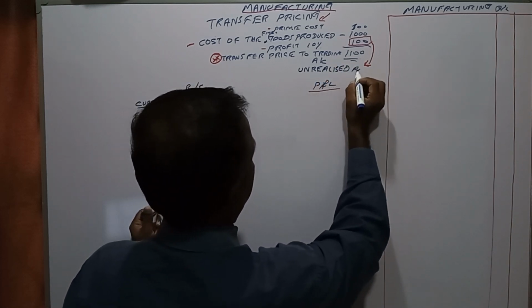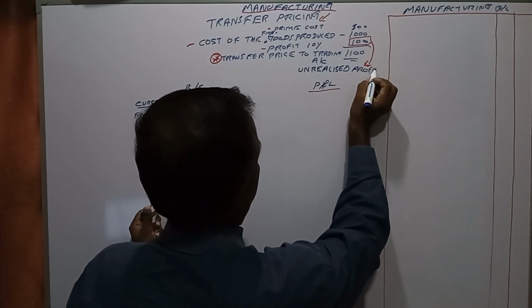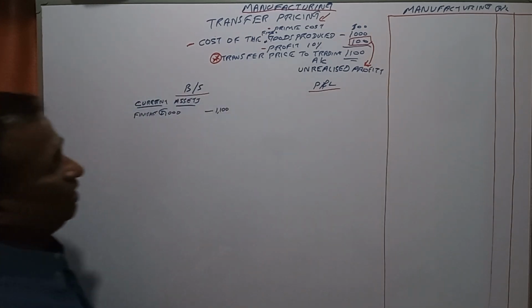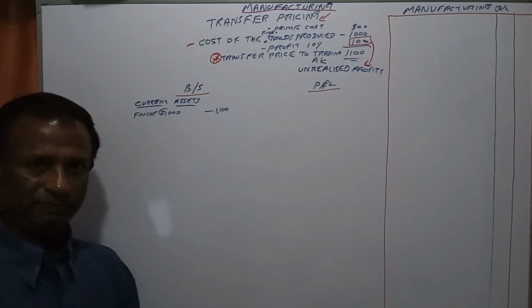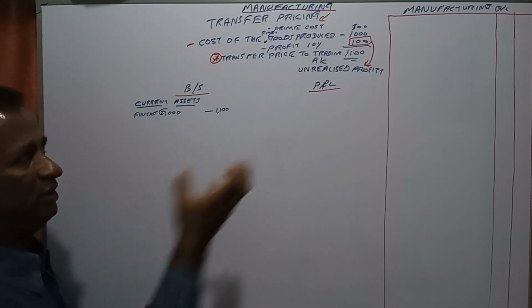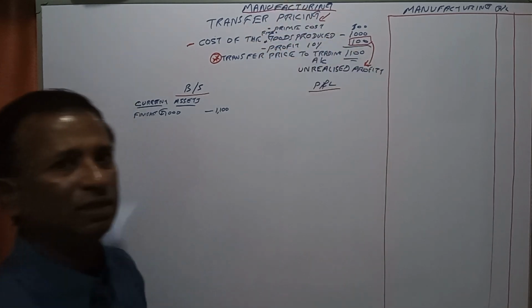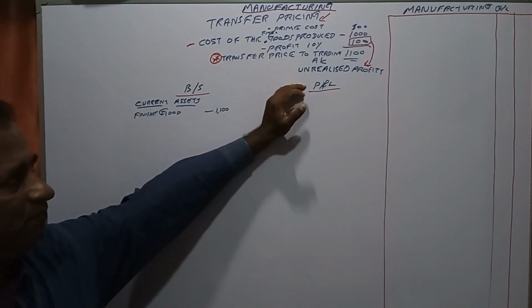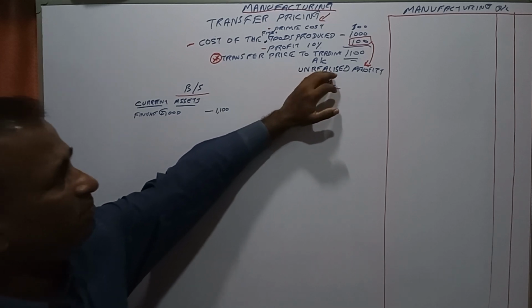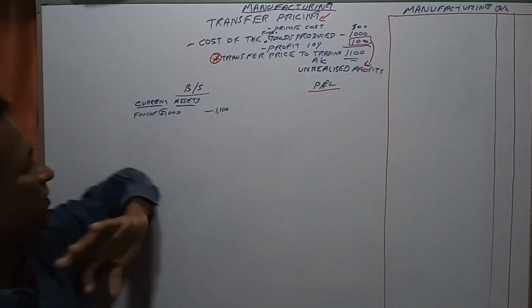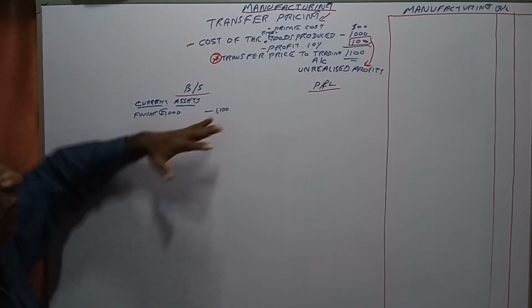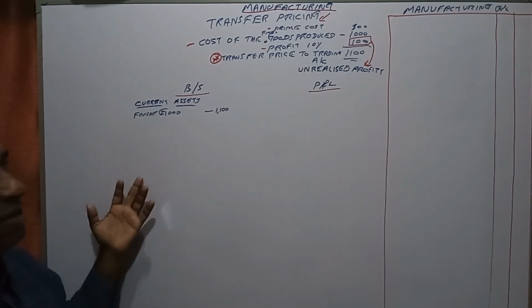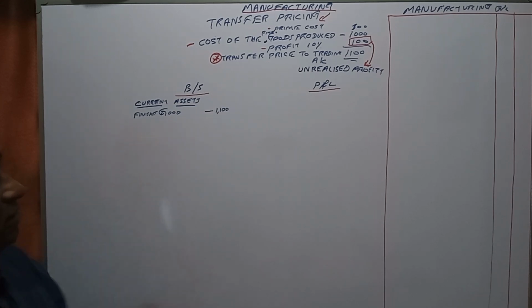This unrealized profit has to be eliminated from the finished goods mentioned under current assets.